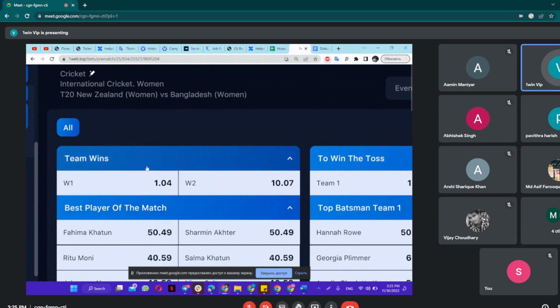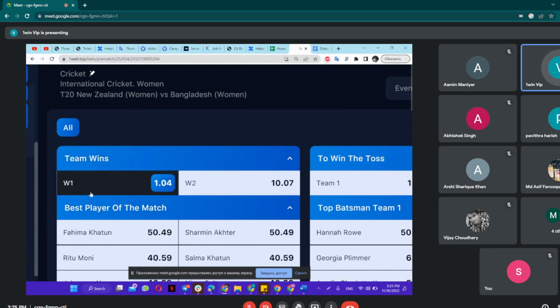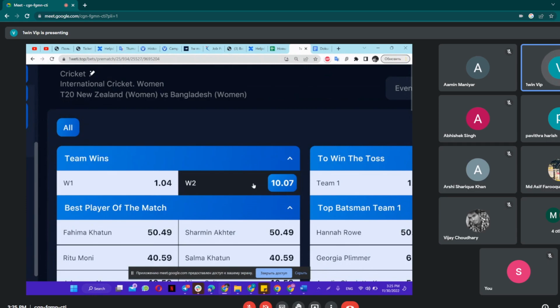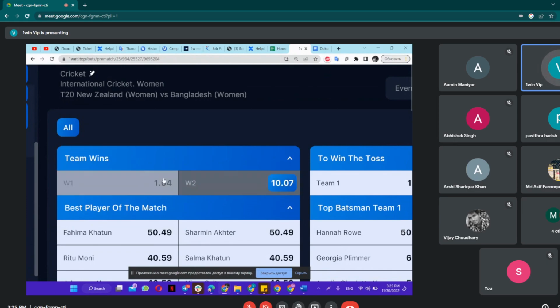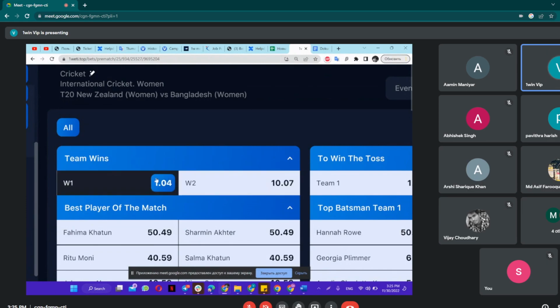Only winning of the first team or winning of the second team. By placing a bet that the first team will win, we will win the bet if the first team wins. If the second team wins, we will lose our bet. But what will happen if we bet on any of the teams, but the final score is a draw? So the same amount of runs made by both teams. Possible.